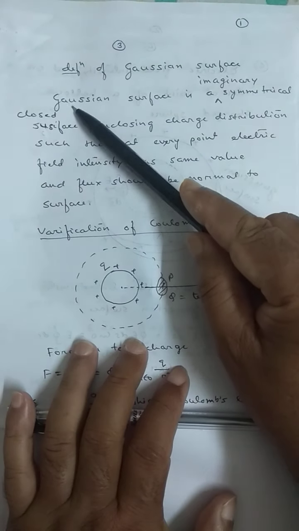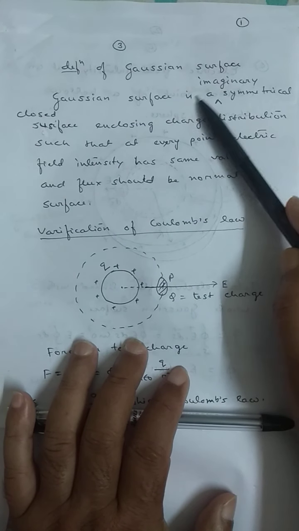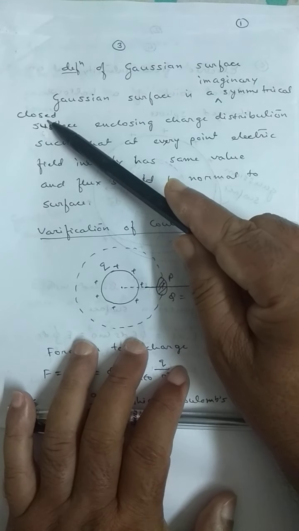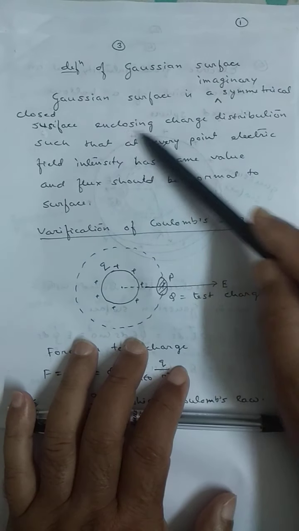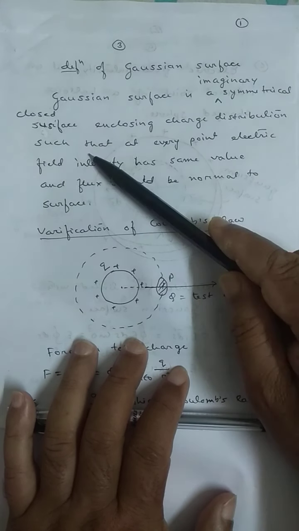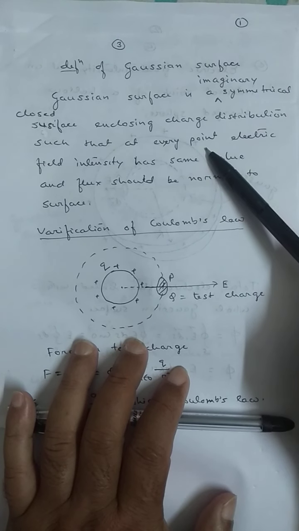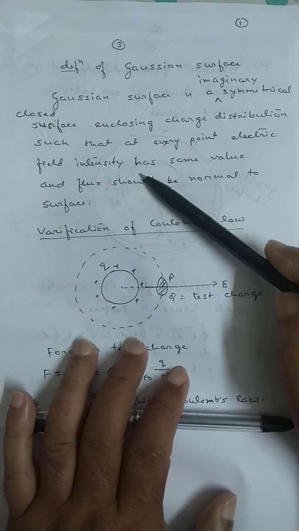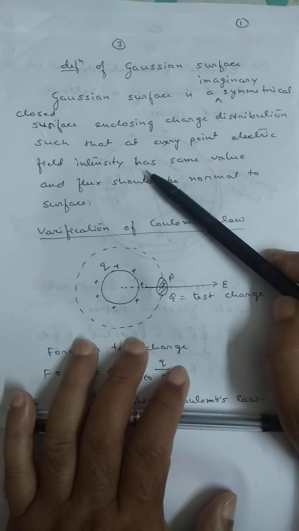So therefore, what is a Gaussian surface? A Gaussian surface is an imaginary symmetrical closed surface. Since it is a closed surface, it encloses a charge distribution such that at each and every point on the surface, the electric field intensity has the same value. It is not a general closed surface.